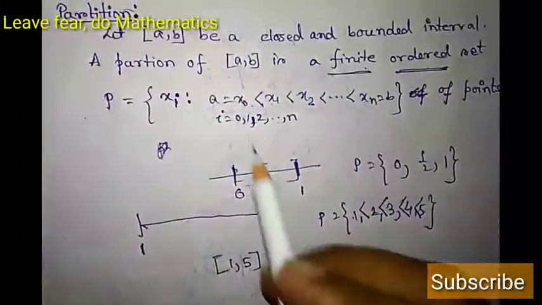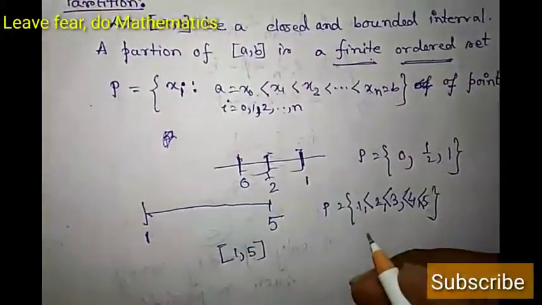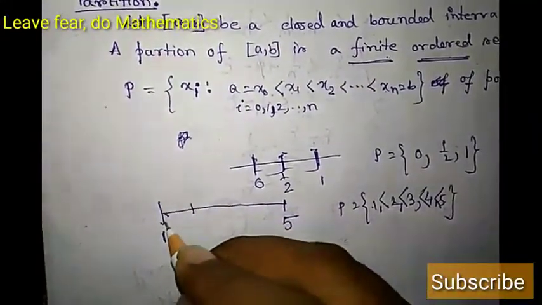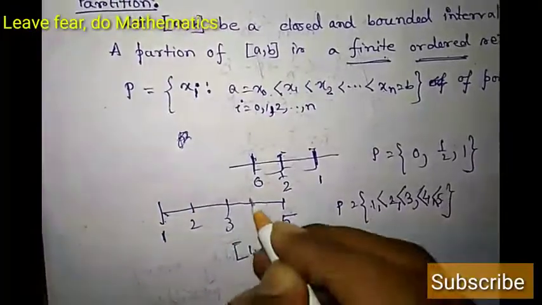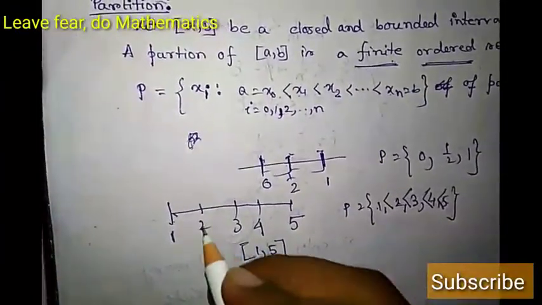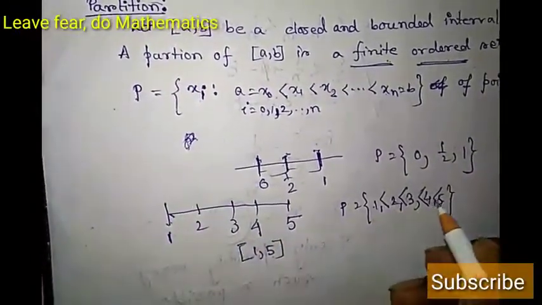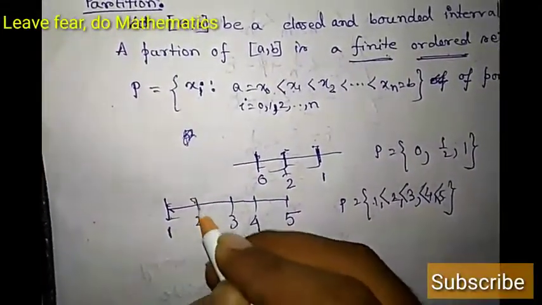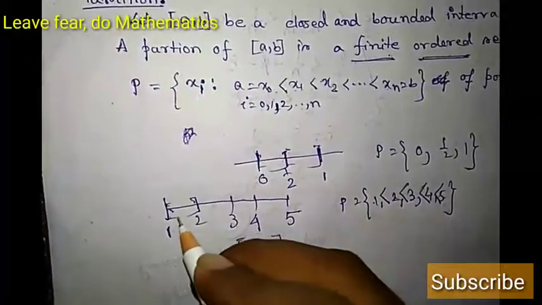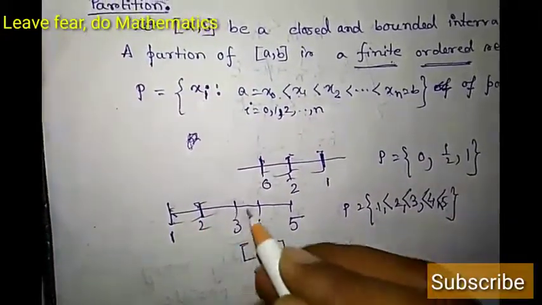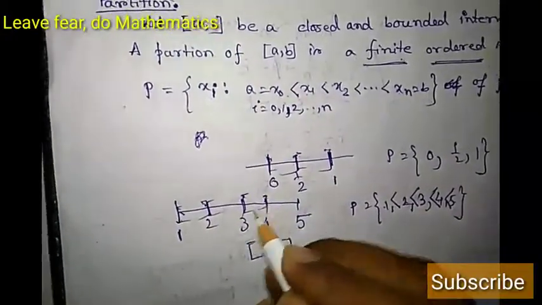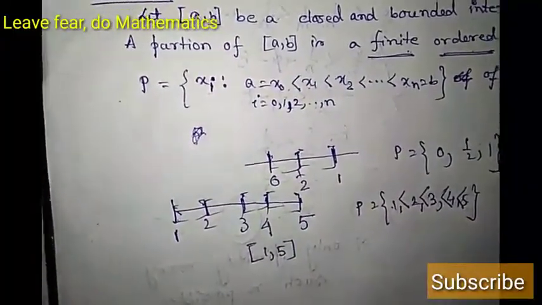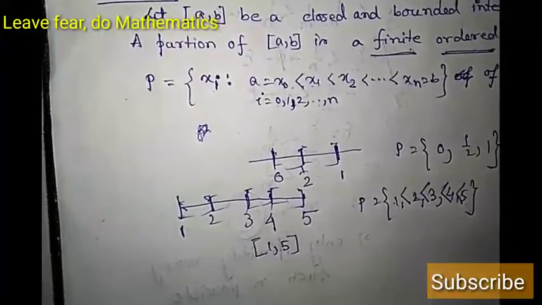Now what does this set of 5 points do to the interval 1 5? It breaks the interval into 5 parts, sorry, 4 parts: the closed intervals 1 2, then 2 3, then 3 4, then 4 5. So a partition breaks an interval into sub intervals.